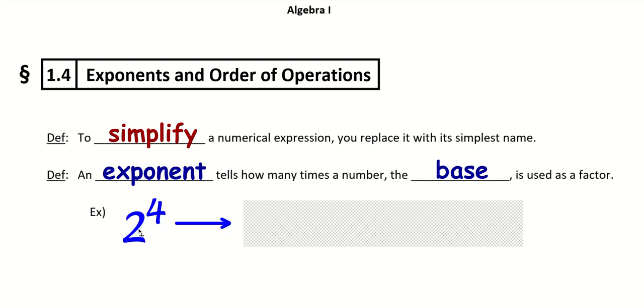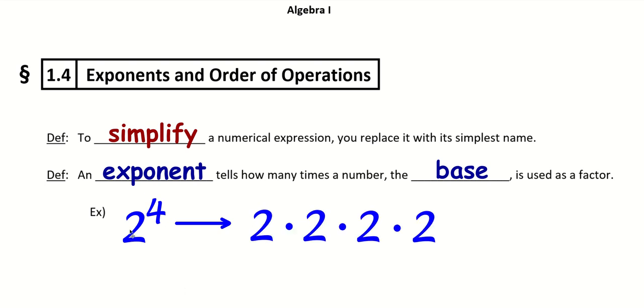So, for example, we have this, which we read as 2 to the 4th power. 2 would be the base, 4 would be the exponent, and so it means that we have this base of 2 used as a factor 4 times, and again, factors are multiplied together. So we do 2 times 2 times 2 times 2, 4 factors of 2 multiplied together. And if you simplified this to a final answer, that should be 16.